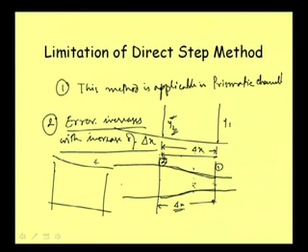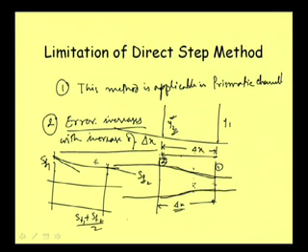This is the actual energy slope line between these two points, and what we are doing is calculating the energy slope at this point, SF1, and the energy slope at this point, SF2, and then taking the average of these two, (SF1 + SF2)/2, and that we take as SF bar. Well, that SF bar is being used for computing the gradually varied flow.